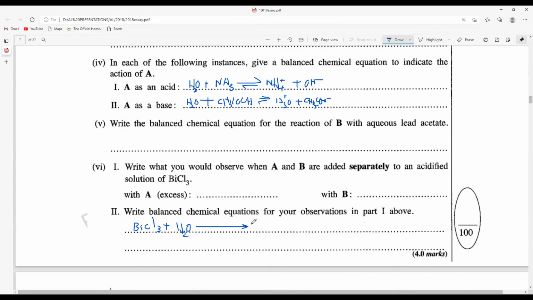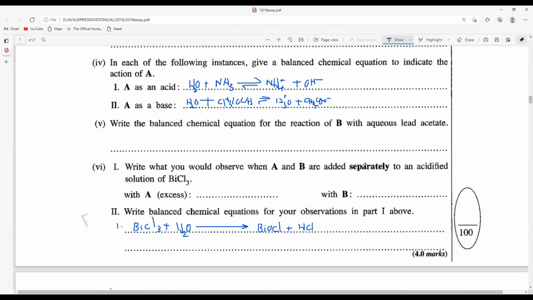Then when you dilute the solution, because the solution is still acidic, you will observe a white color precipitate. So the observation here is a white color precipitate, and the reason for this white color precipitate is BiOCl. Okay, so this will be BiOCl, which is going to be your white color precipitate, and HCl is given out. So this is one reaction.